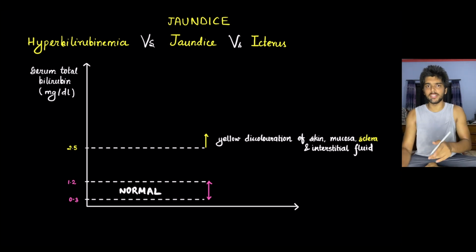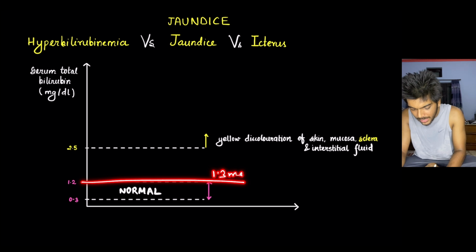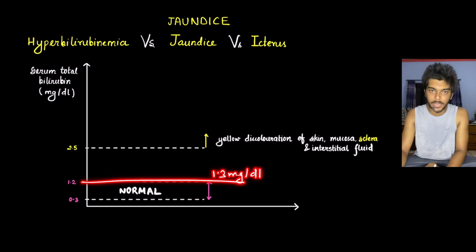So what is jaundice? The level of bilirubin is greater than the upper limit, 1.3 milligram per deciliter, greater than 1.2 milligram per deciliter. So the patient has hyperbilirubinemia. Now, let's say the pathological defect causing hyperbilirubinemia in that patient is not being taken care of.